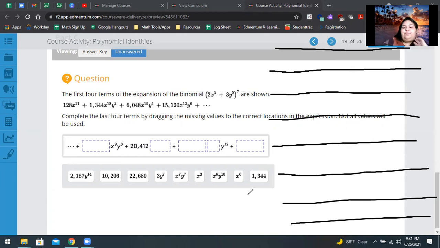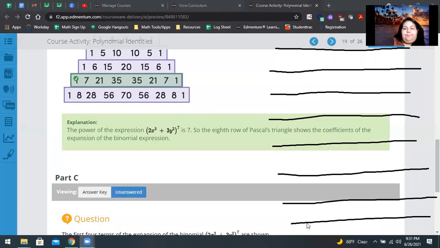Now, if we selected correctly from part B, the correct coefficients start with 1, 7, 21, 35, 35, 21, 7, and 1.